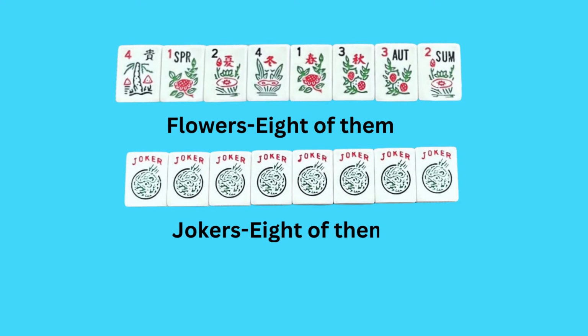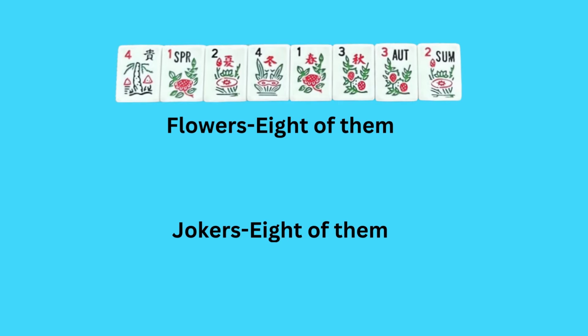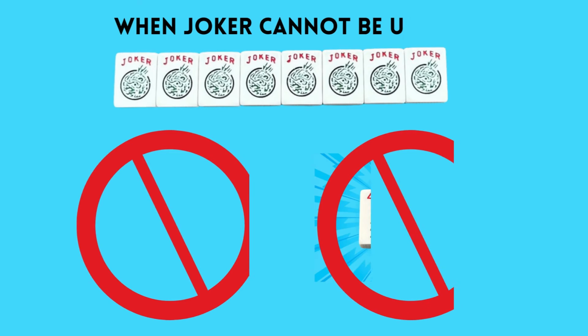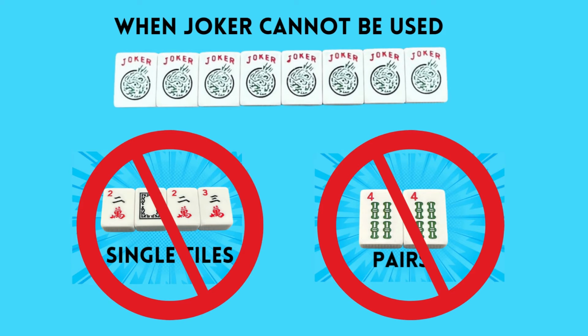And then we have our joker tiles, and there are 8 of these tiles. We're going to be talking a lot about jokers in the coming lessons, but I do want to mention that there are times when you cannot use jokers, and that would be when using them in a single grouping or in a pair.